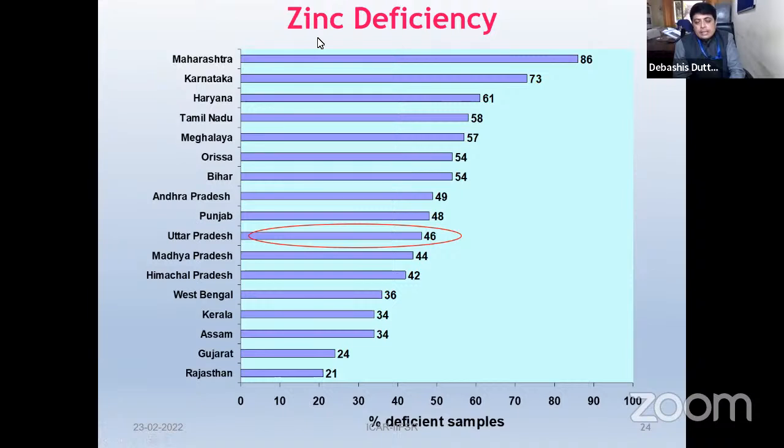Zinc is very important, because zinc regulates different enzymatic and biochemical activities in the plant systems, which ultimately affects the yield of the crop.